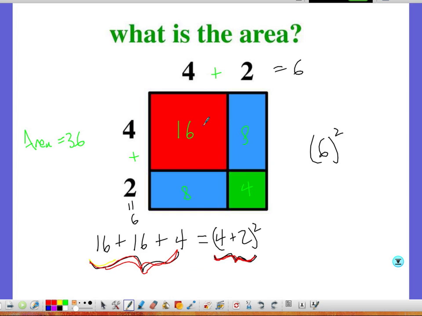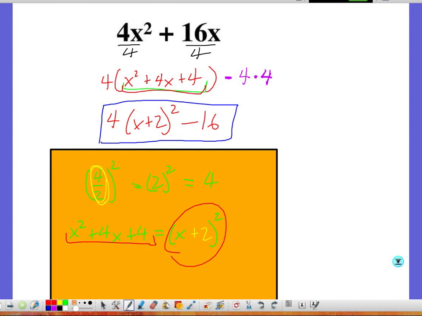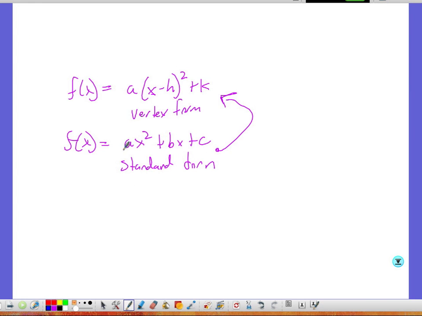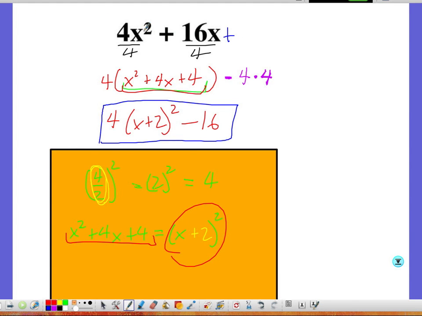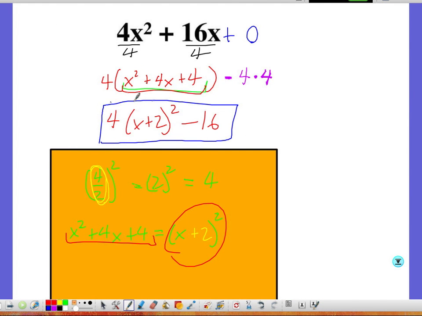So going all the way back, I started with the standard form. By the way, this is 4x squared plus 16x plus 0. I didn't have a constant, but this is still the standard form. And I went from standard form into vertex form, which is this right here.